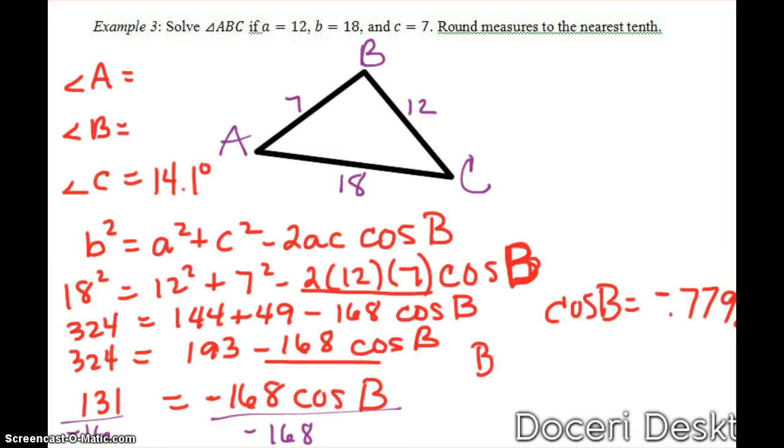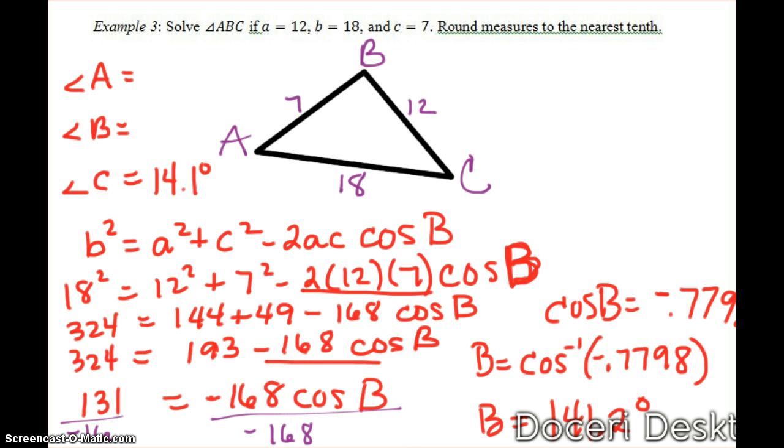So B will be the inverse cosine of negative 0.7798, and so angle B is 141.2 degrees.